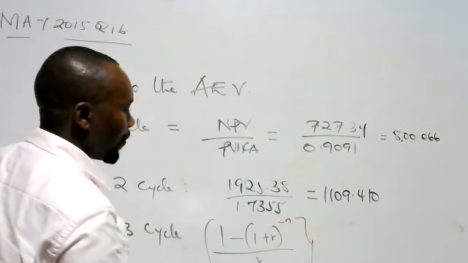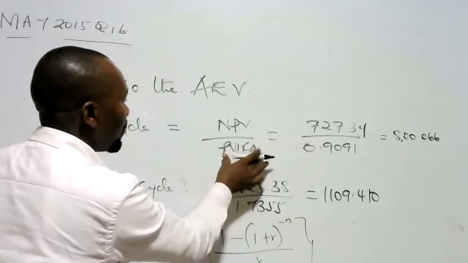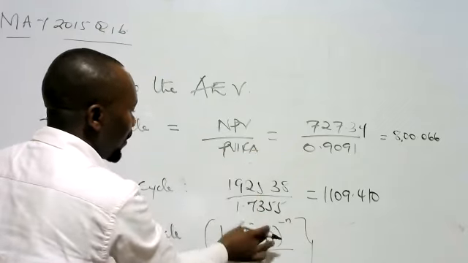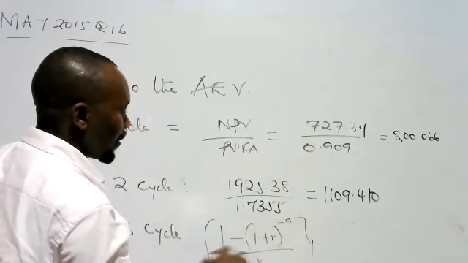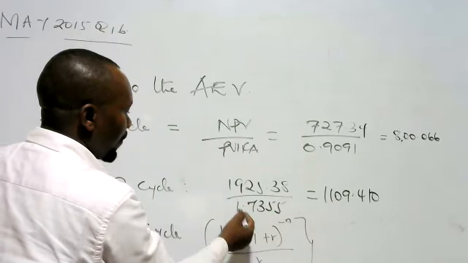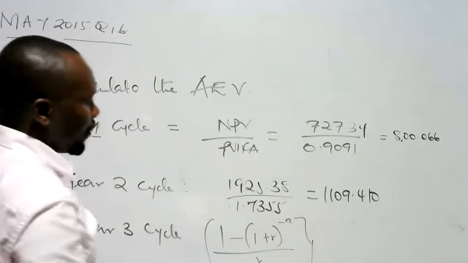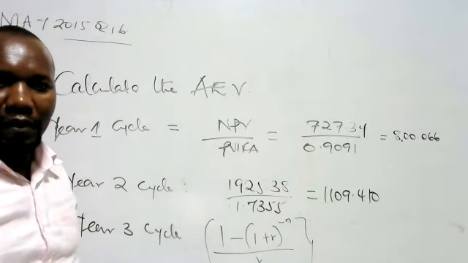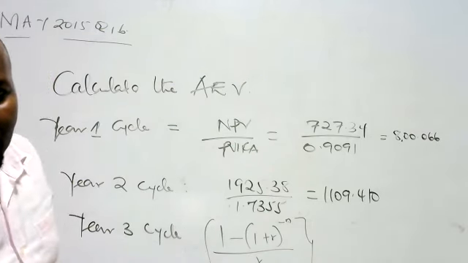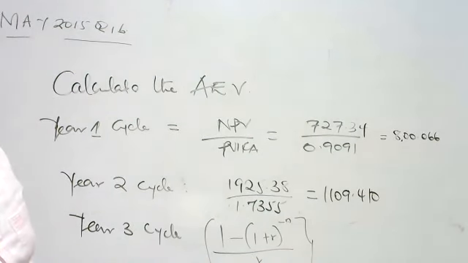So you don't use the one for PV. For PVFA for year two, here N you put 2, and R is that 10%. So you will get this figure. Let's proceed.